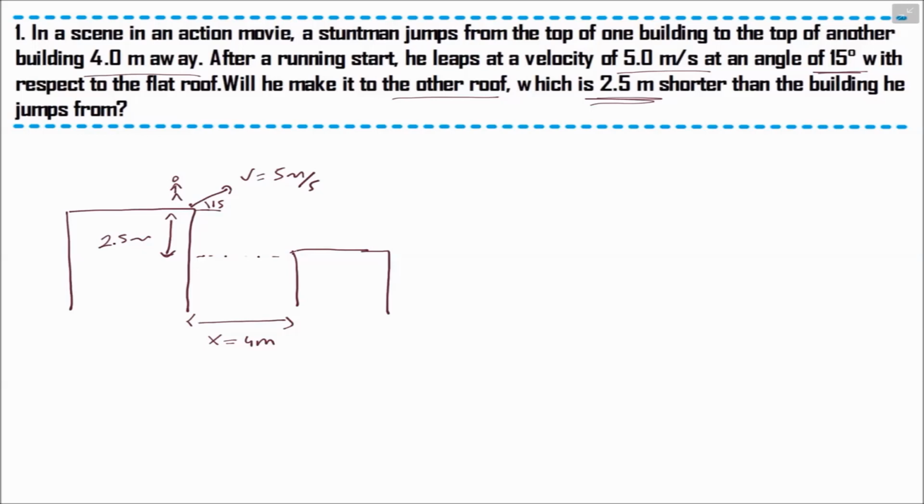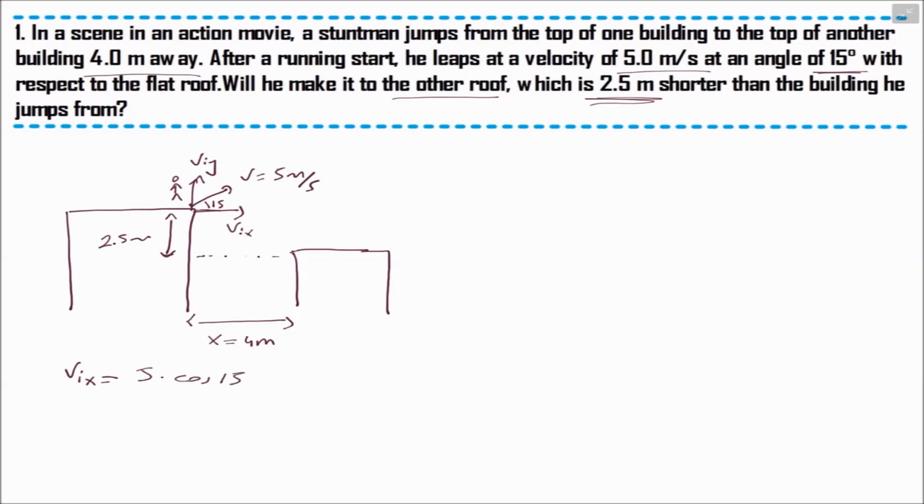In this question we have to calculate first the components of the velocity, so the x component and the y component, v initial x and v initial y. V initial x is equal to 5 times cosine 15.